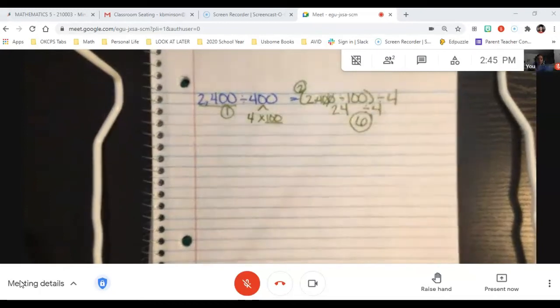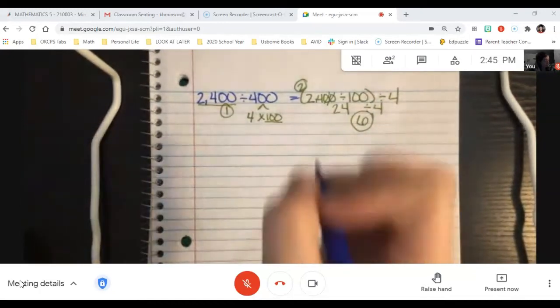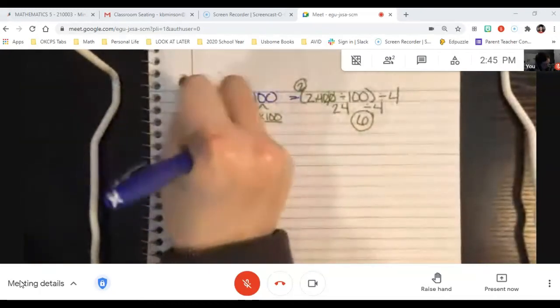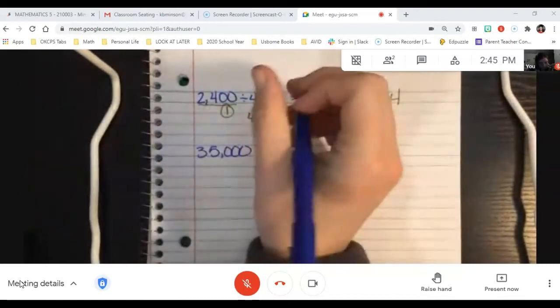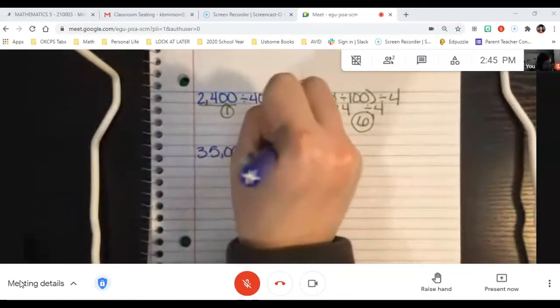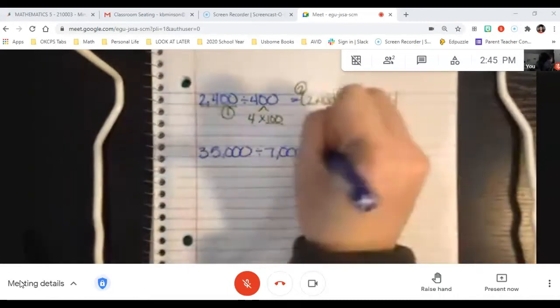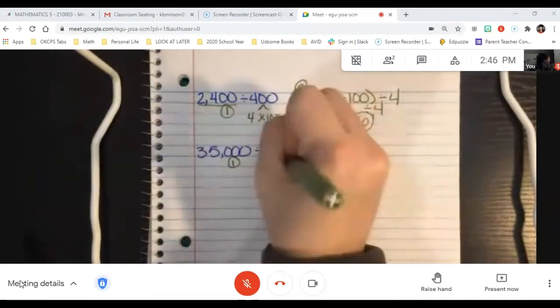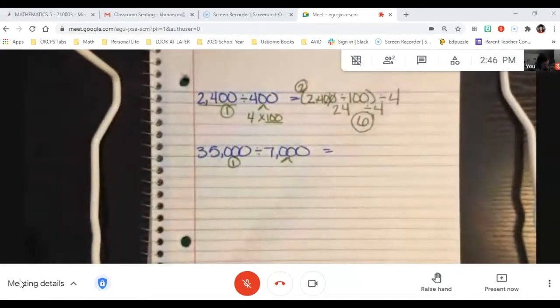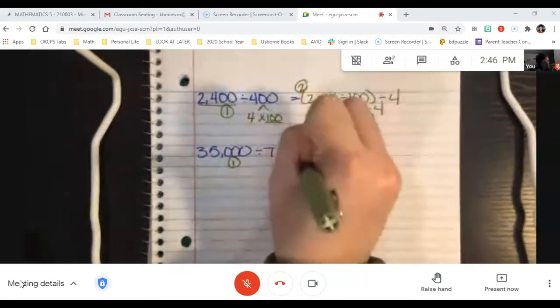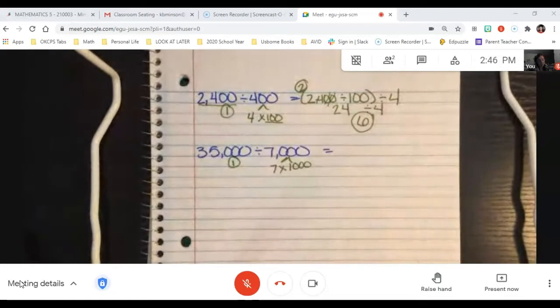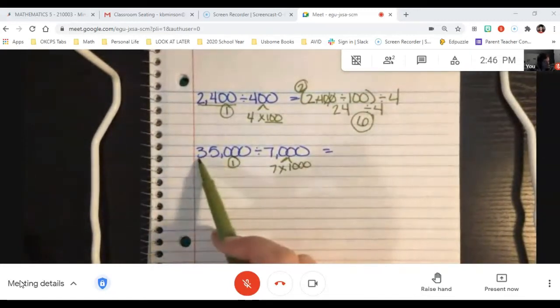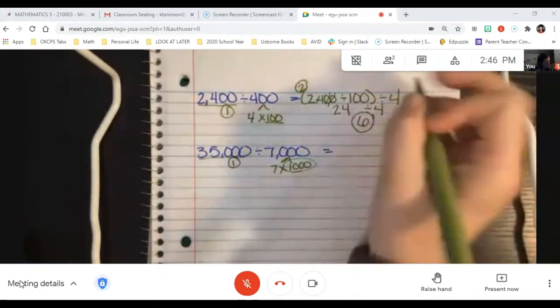Let's do one more with 1,000. So if we have 35,000 divided by 7,000, first we split it into our tens, hundreds, or thousands. Since it has 3 zeros, we're splitting it into 1,000. 7 times 1,000 gives us 7,000. Inside our parentheses goes this number and our 10, hundreds, or thousands.